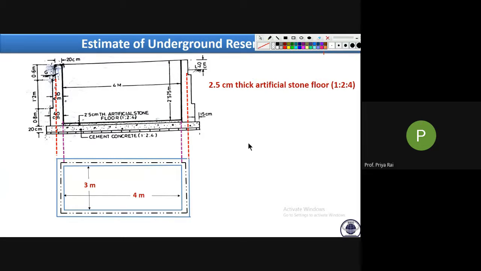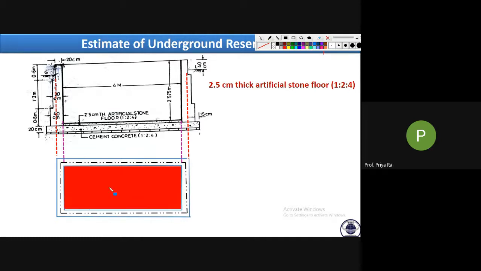Now see, flooring is constructed inside the wall, on the inner surface. So the area of this flooring is nothing but this area. Now what is this area? For this area, what is the length value?